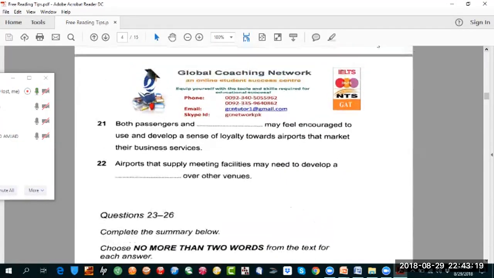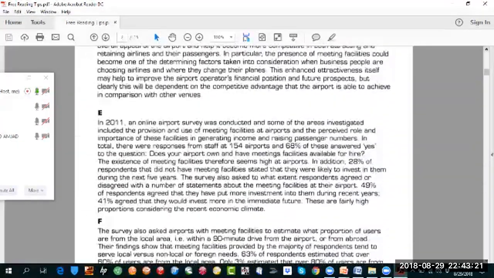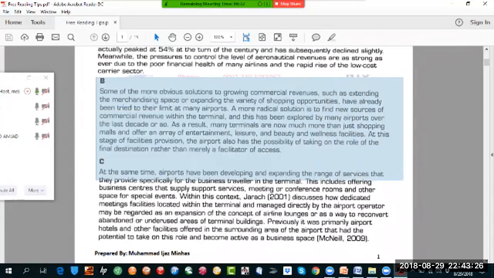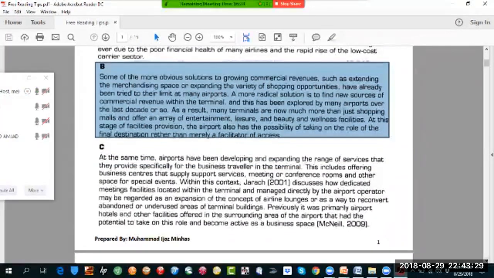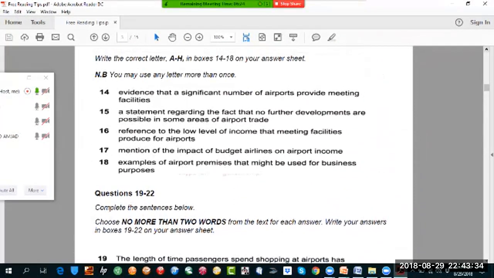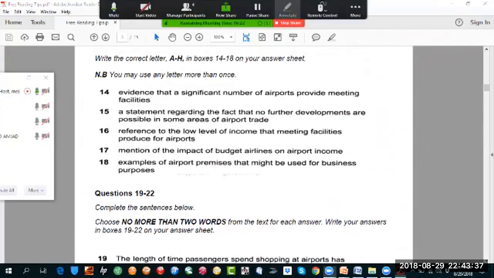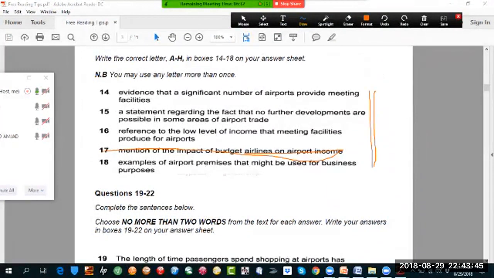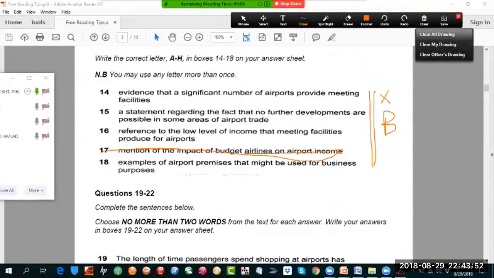Now, another beauty of this technique is that, let's say, after finishing with paragraph A, I now read paragraph B. Then I came here and tried to find which of this information relates to paragraph B. And I found that none of these questions matches with paragraph B. So if I jump to paragraph C right now, it will be a wastage of time.